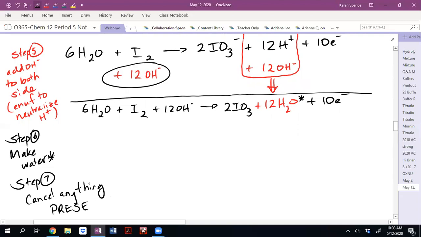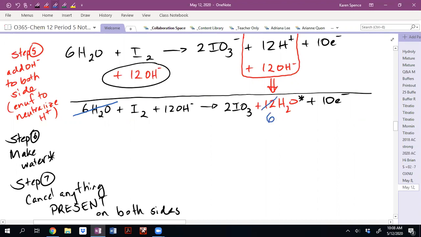Yeah, we've got water on both sides, right? So we've got 6 on the left and 12 on the right, so we can cancel out 6 of them. So those 6 go all the way away. And we're going to have a 6 left there.